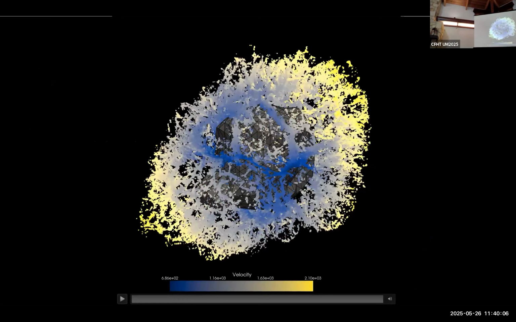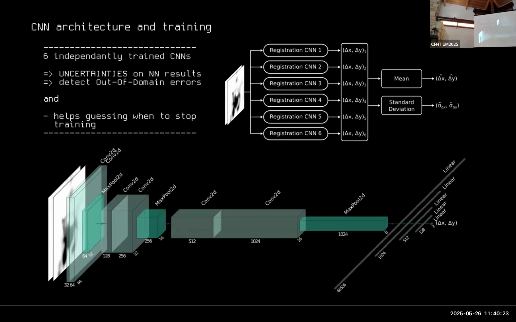It just seems that there is some translation to get 3D, and I'm curious to know if you have a way of demonstrating the technique is successful. It doesn't completely answer the question, but we use 6 differently trained CNNs to check for uncertainties, because one of the major problems with CNNs is that you have one estimate.